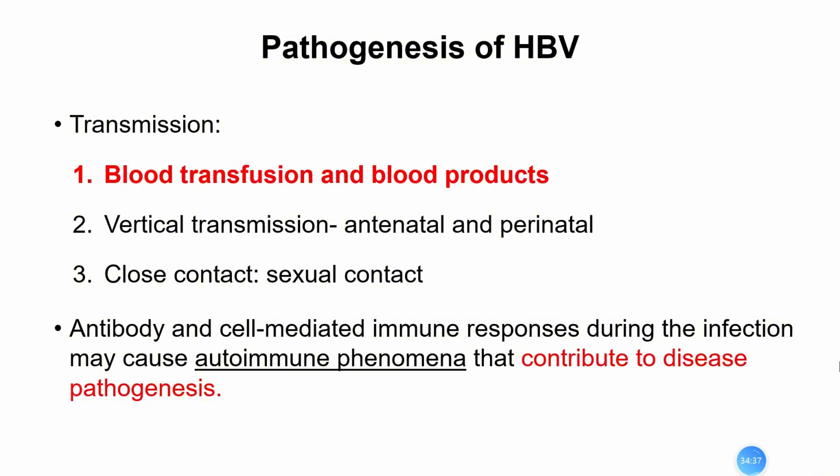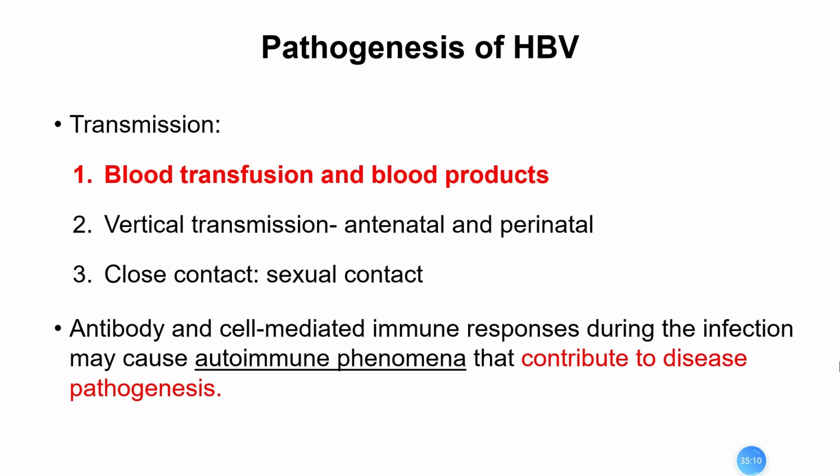Like every time in the hospital when they give the patient some blood product or direct blood transfusion, they need to make sure that the blood is qualified, free from HBV. And when you go to blood donation, they make sure that your blood is clean. It does not contain any HBV virus. So that's now that we know the existence of HBV.